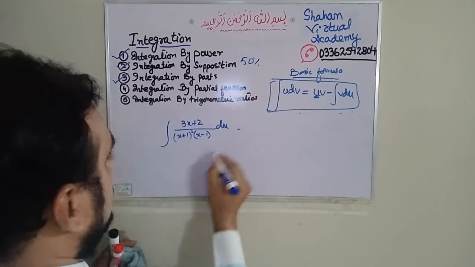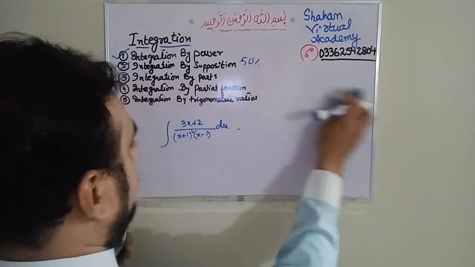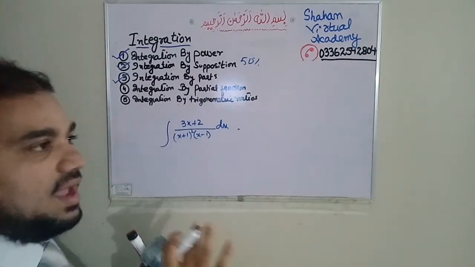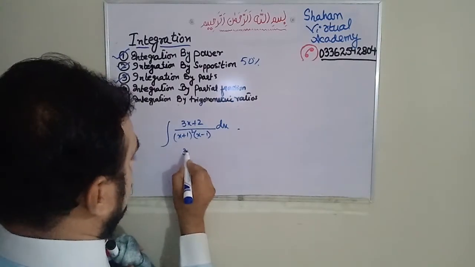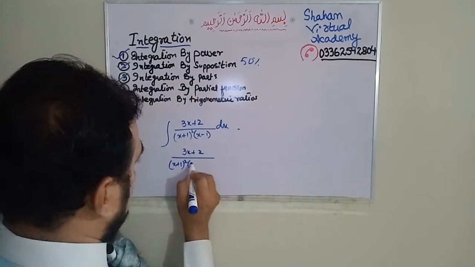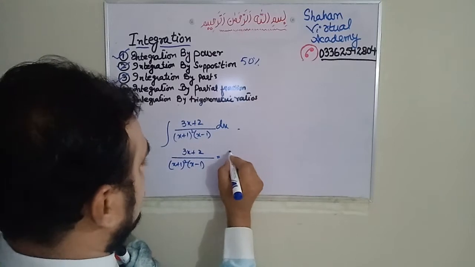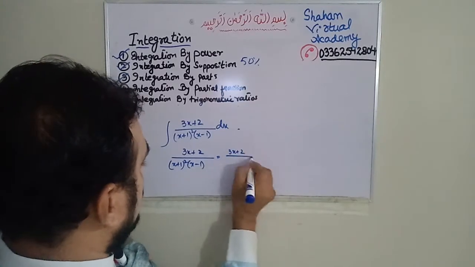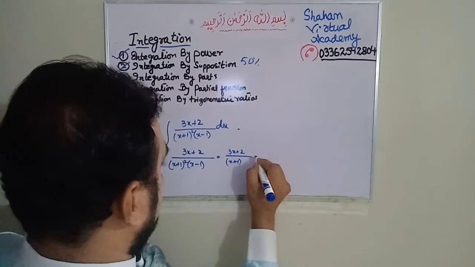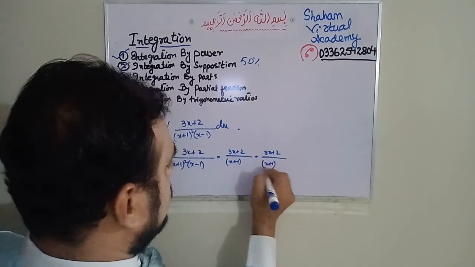Let's first solve this out. We consider for a while that we have no integration, we just have this term. So we can divide this as 3x plus 2 over (x plus 1), plus 3x plus 2 over (x plus 1) whole square.